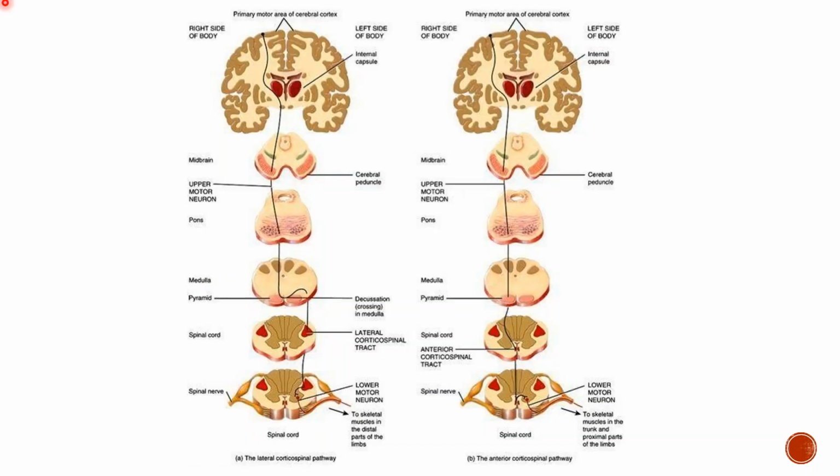In the case of the corticospinal tracts, the name itself tells you, please make it very clear, it is starting from the cortex. Now, why is there a need for a descending tract?